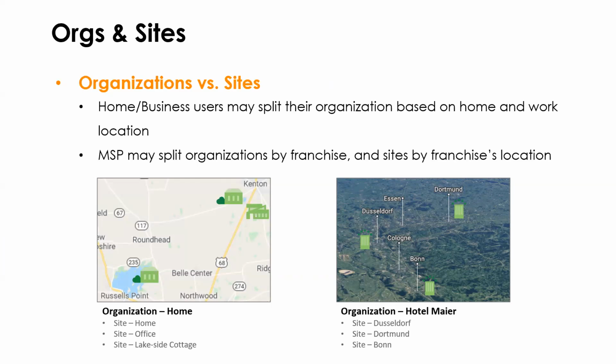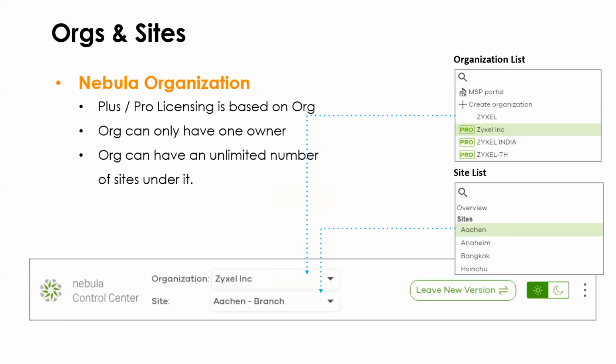For most of you who are on this webinar, you should be MSPs or VARs or system integrators. So generally, as a good rule of thumb, each of your customers will be their own unique organization. And then if they have multiple locations, those will each be a site. By default, you do have to have one org and one site in order to use it.